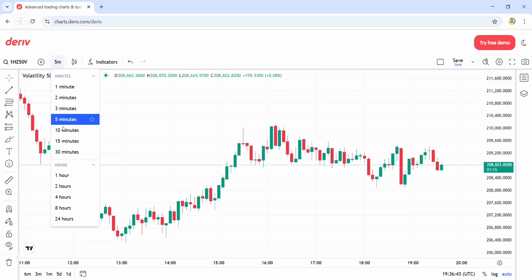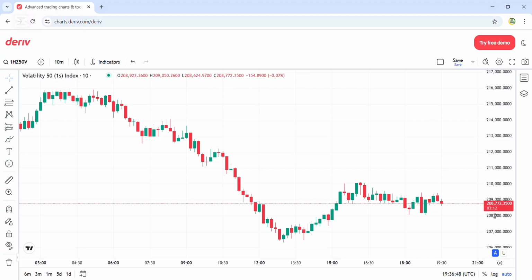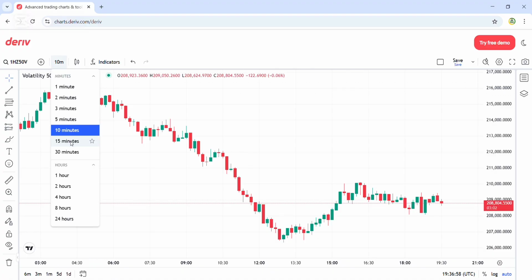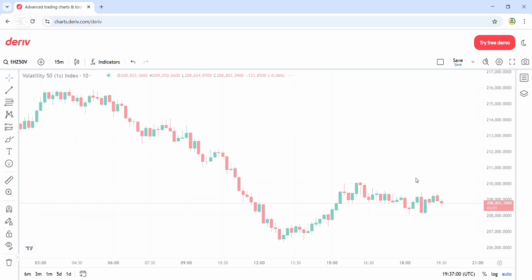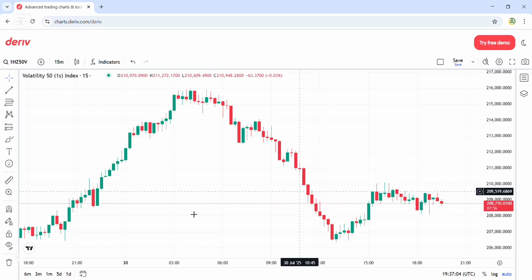So if you pick, let's say, 10 minutes, the time will change. You can see this candle still has 3 minutes to its completion. If you pick 15 minutes, 7 minutes remaining for this candle to finish forming.